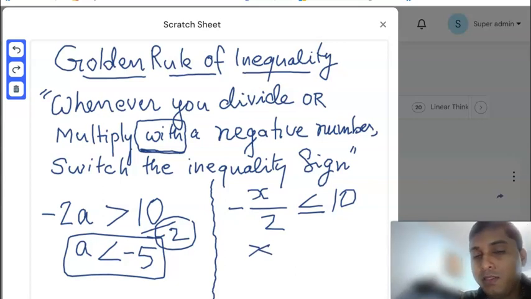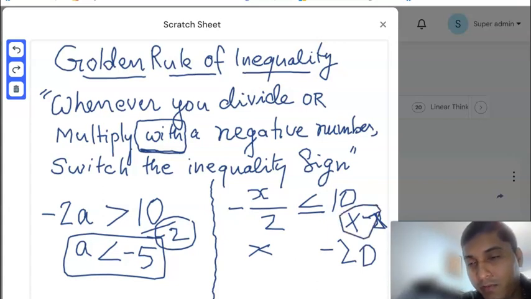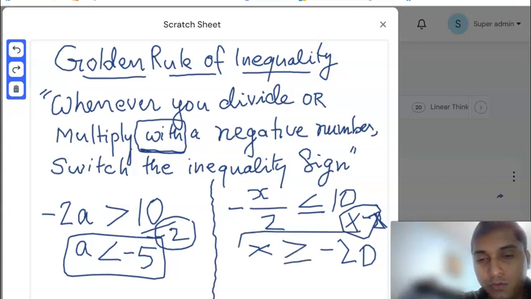Now this is a division, so you do the opposite on the other side, you multiply with negative 2, which is negative 20. Now the answer is negative 20, but because we multiplied with a negative number, we switch the inequality sign. So this was less than or equal to, and your answer is going to be greater than or equal to 20.